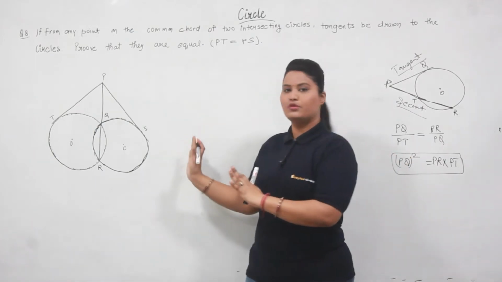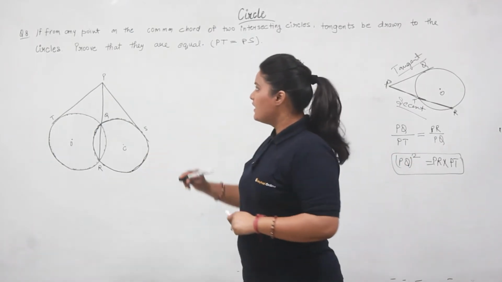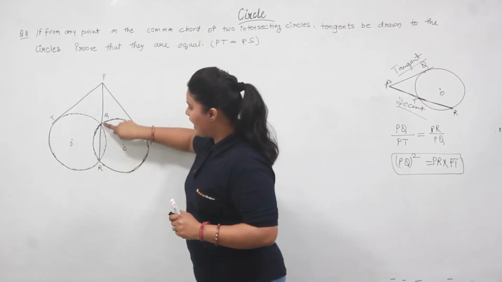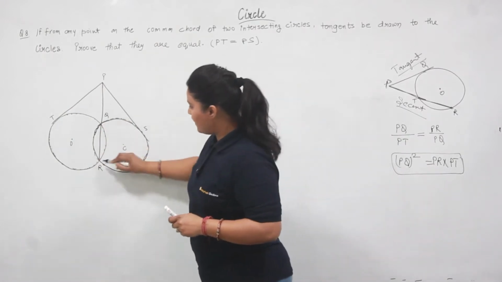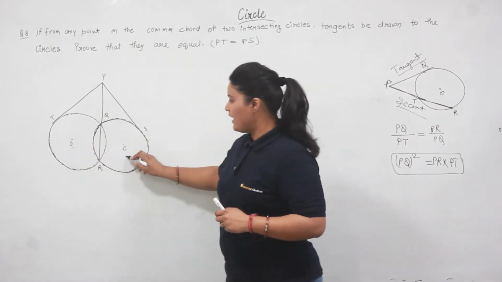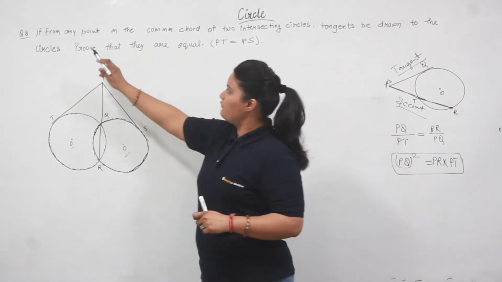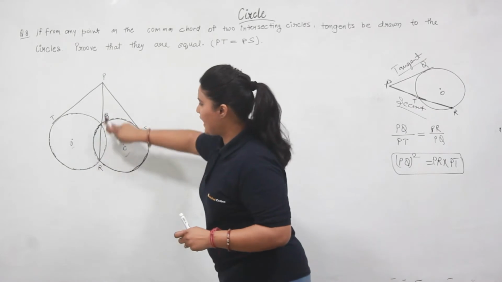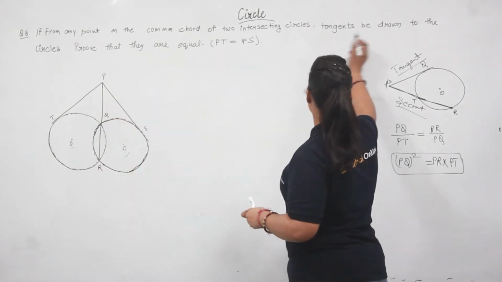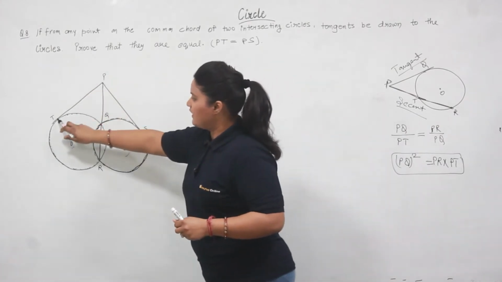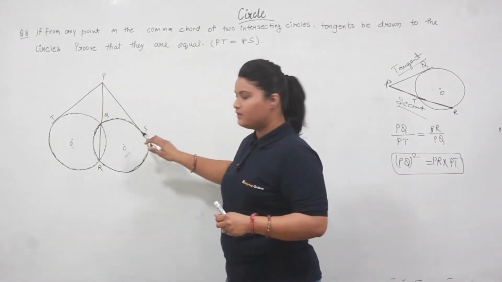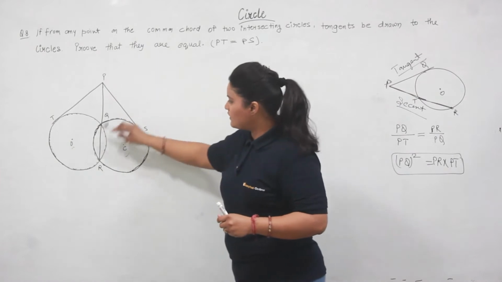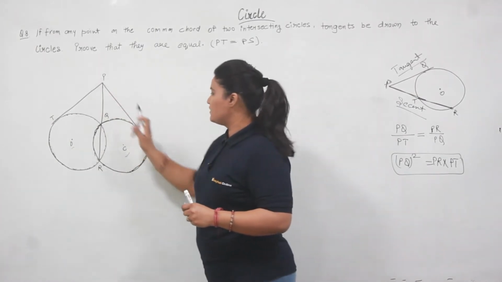So now we will move to the question. If from any point on the common chord RQ of two intersecting circles with center O and center C, which intersect each other at points R and Q, tangents are drawn to the circles, there are two tangents: on the circle with center O there is a tangent PT, and on the circle with center C there is a tangent PS.